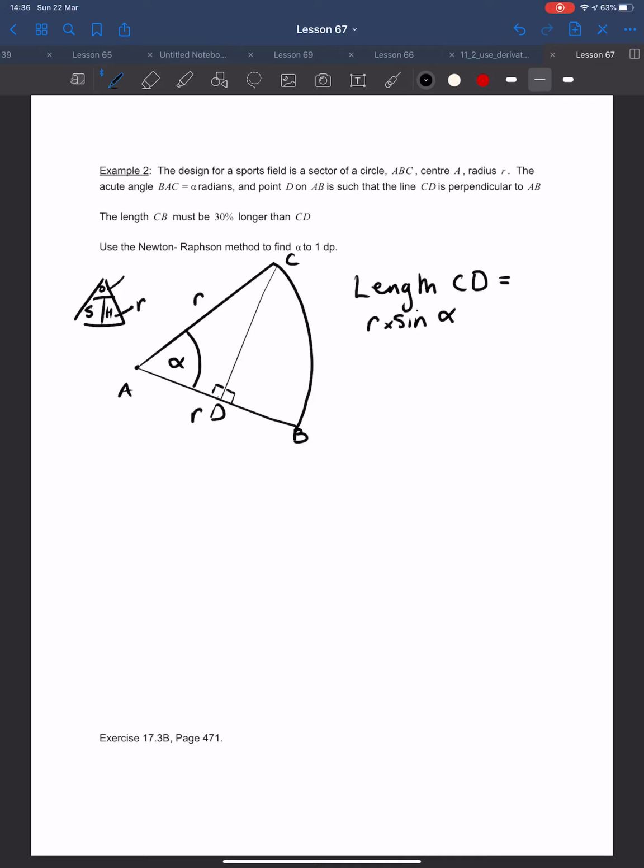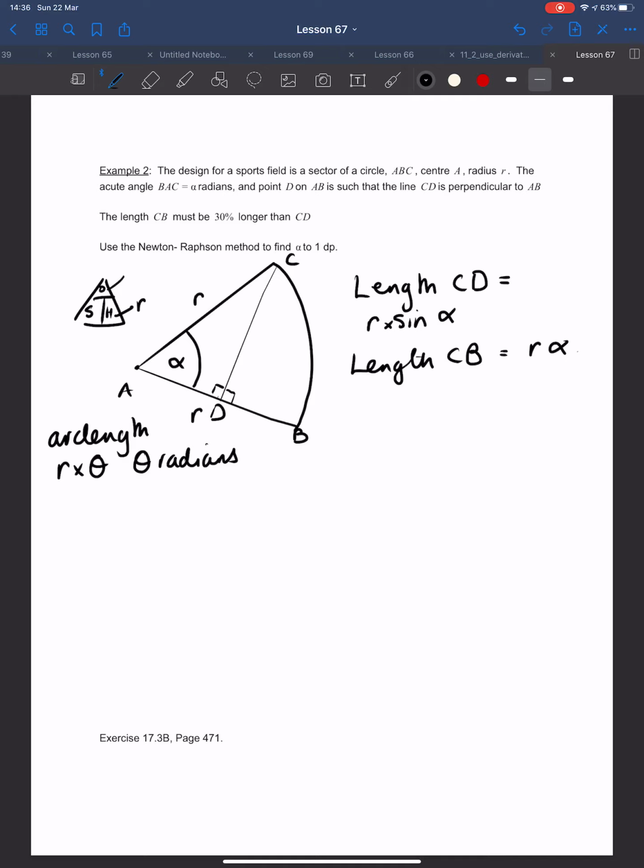Then we want the length of CB. And this is, if you remember the arc length, it's r theta. So this is r times alpha. Arc length is r times theta, where theta is in radians. Okay.